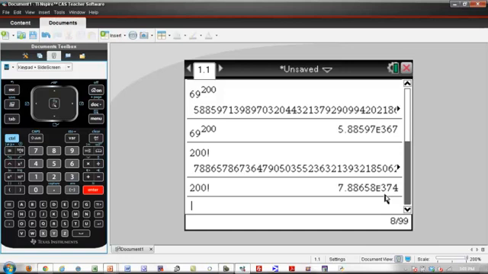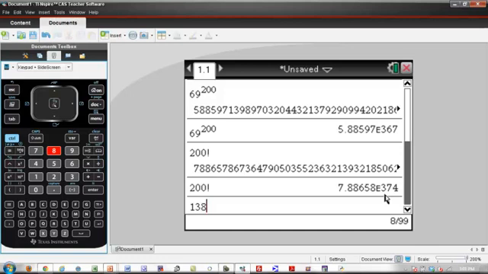So I bet at n equals 138, that's 69 times 2.